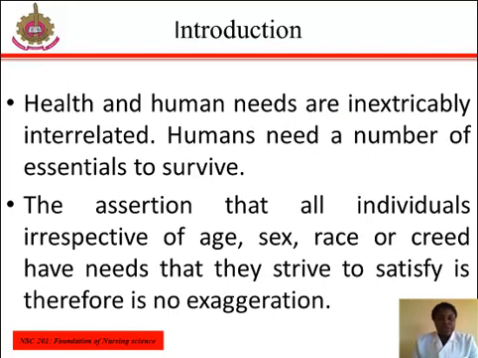Moving to the introduction, health and human needs are inextricably interrelated. Humans need a number of essentials to survive. The assertion that all individuals, irrespective of age, sex, race, or creed, have needs that they strive to satisfy is therefore no exaggeration.